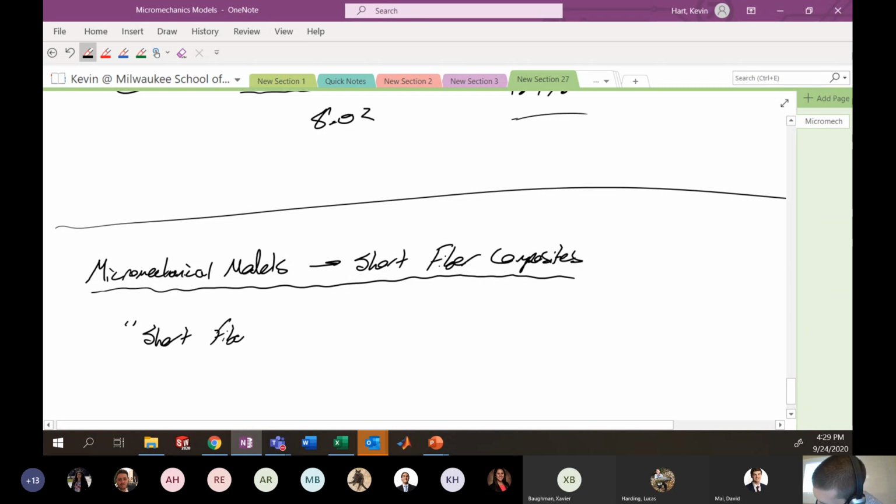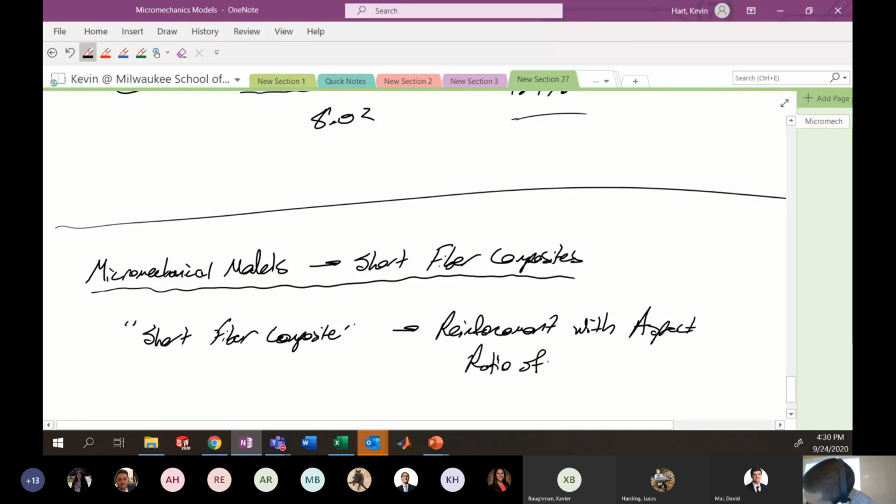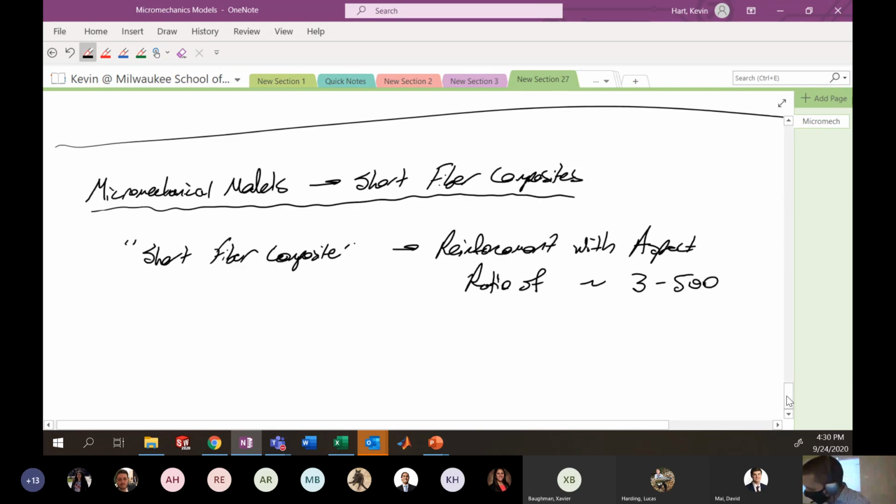Short fiber composite has reinforcement with aspect ratio of approximately 3 to 500. Remember, aspect ratio is the ratio of length to diameter. So if you need that clarity, length over diameter.